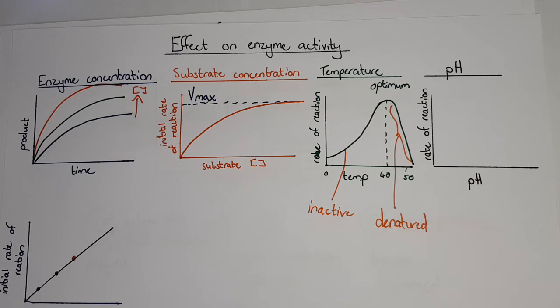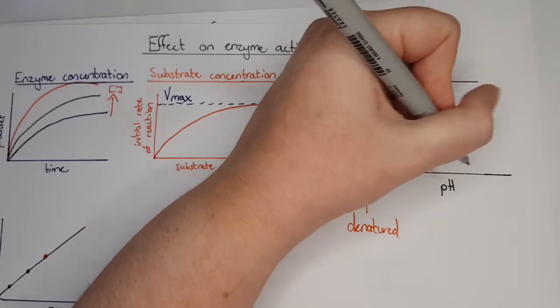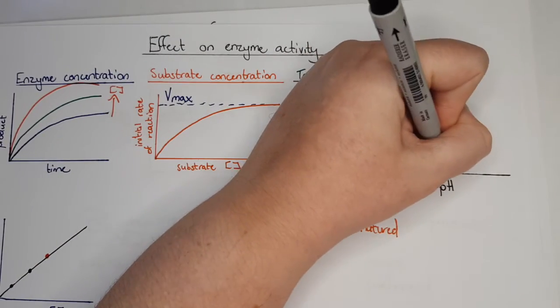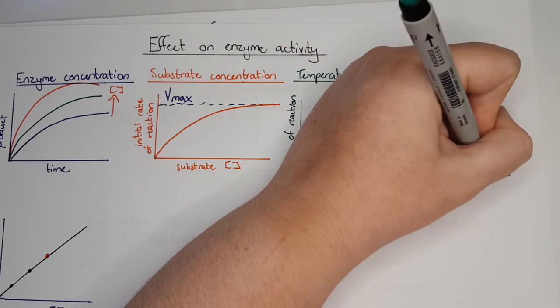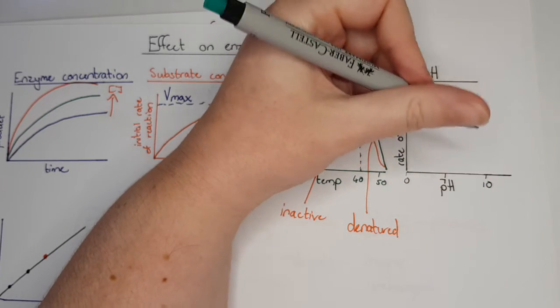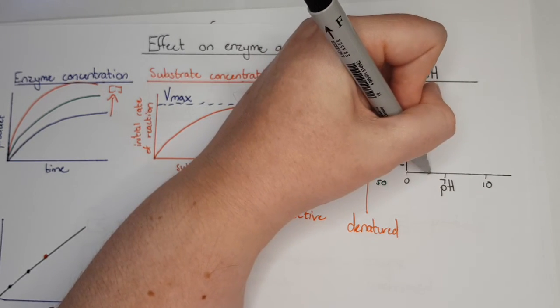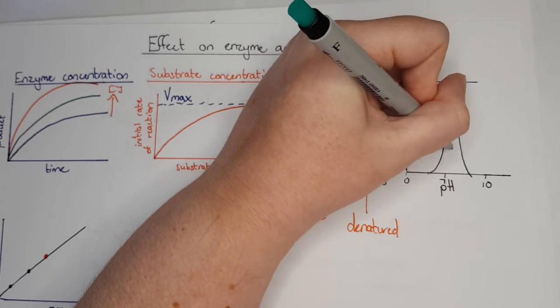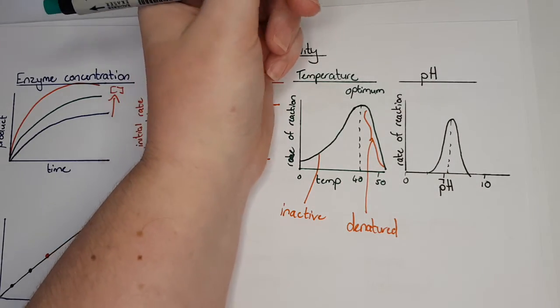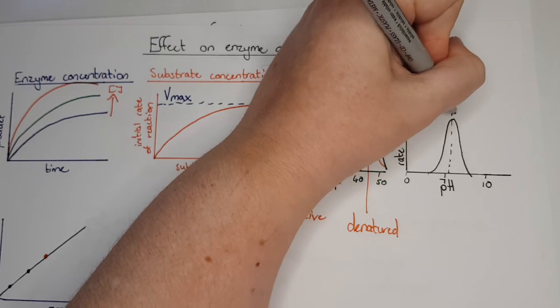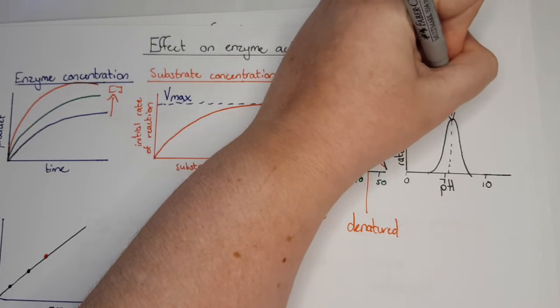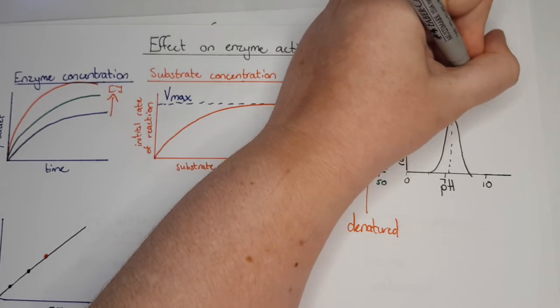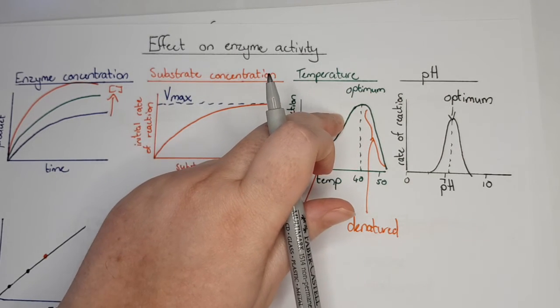And then for pH, every enzyme has its own specific pH, and we have a thin graph around that specific pH. That point where we have a high rate of reaction is the optimum pH, just like optimum temperature.